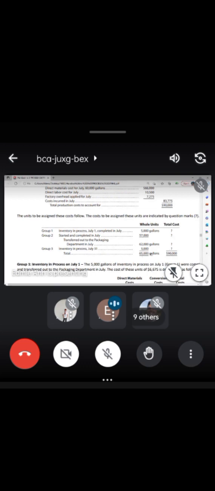Pila? 62. Okay. So 62,000 gallons ang nahuman.